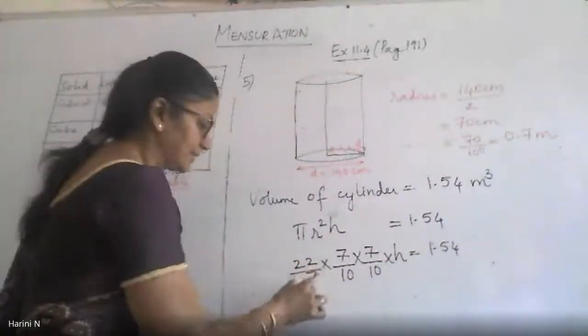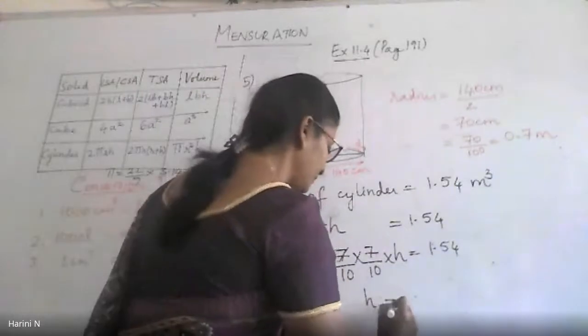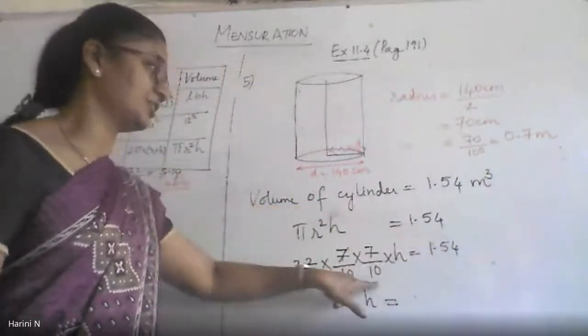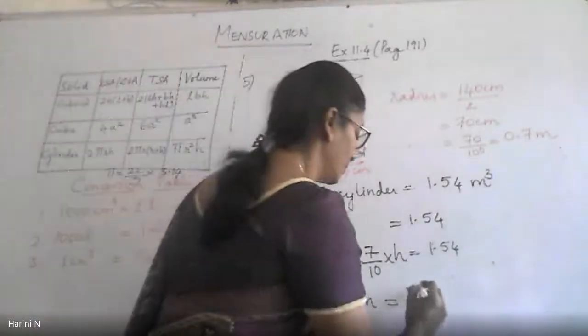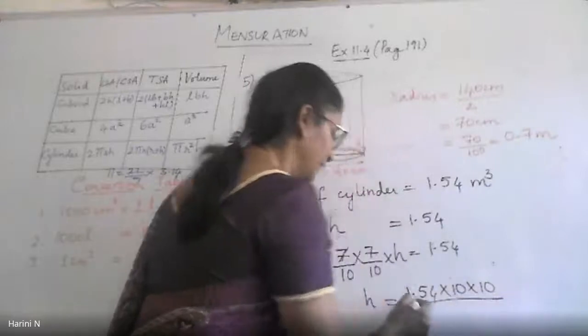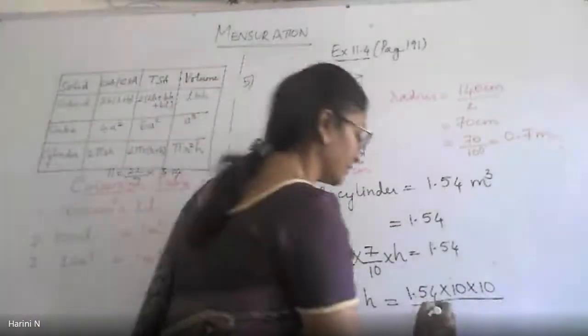Now you can cancel the 7 here. Now you want the height. So what is in the denominator will go to the numerator because this is division, it goes as multiplication. 1.54 into 10 divided by what is in the numerator, 22 and 7, which will come to the denominator.